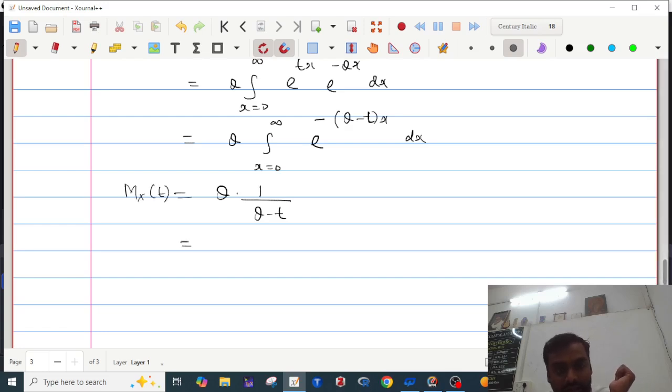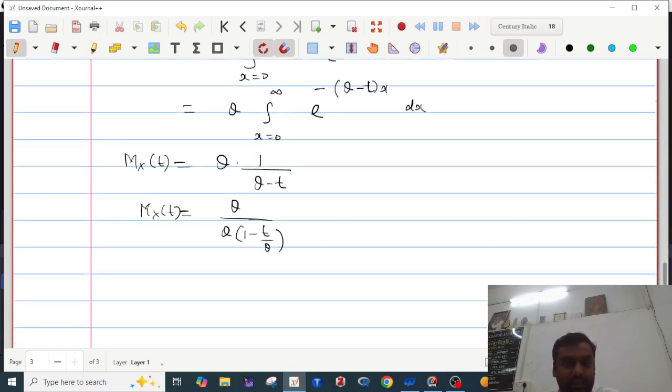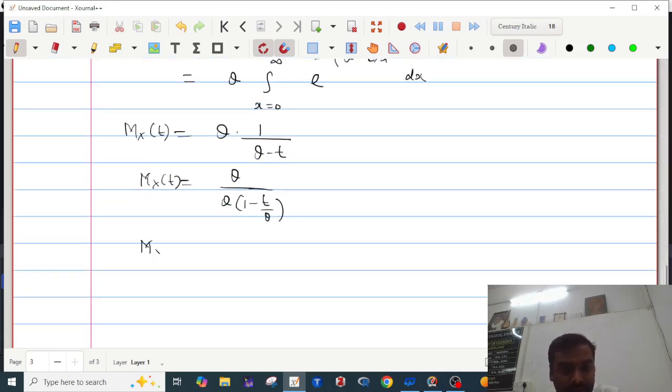If you solve this, take theta constant outside, this theta gets cancelled here. The MGF for the exponential distribution is 1 minus t upon theta raised to minus 1, where t upon theta should be less than 1.